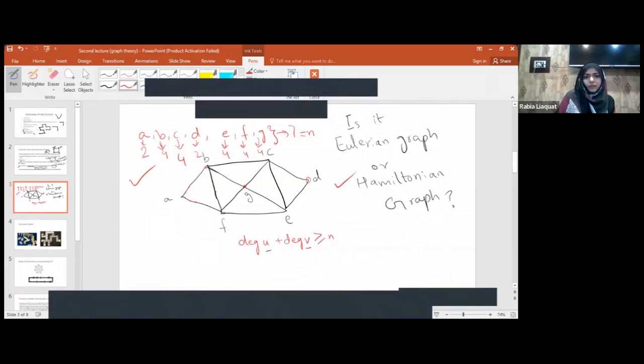For example, we check for A and E. Degree of A is 2. Degree of E is 4. So 2 plus 4 is greater than or equal to what is n? 7.